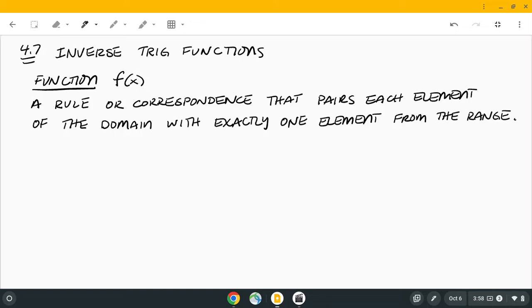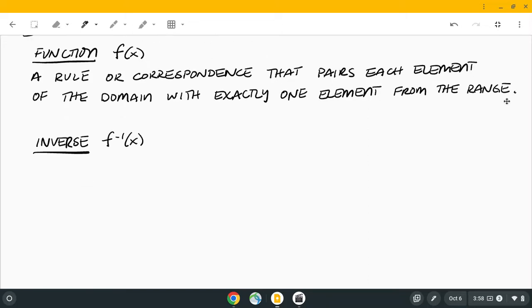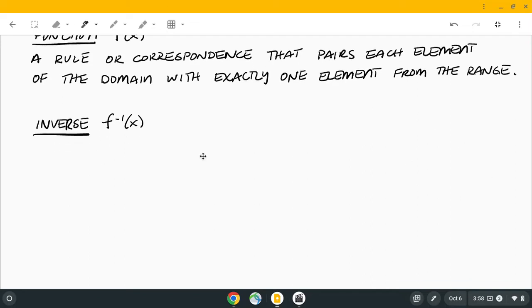Okay. When we talk about the inverse, you probably have talked about inverses before. This is the notation. That's not an exponent of -1; that is our symbol for inverse.